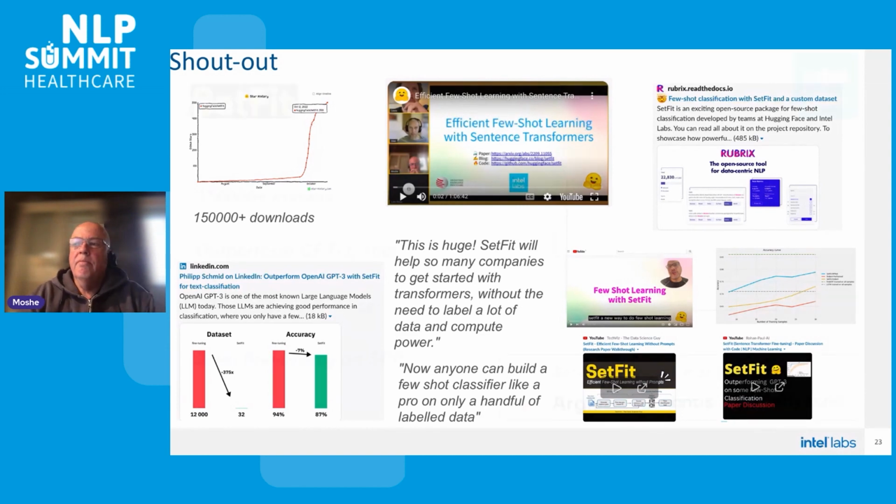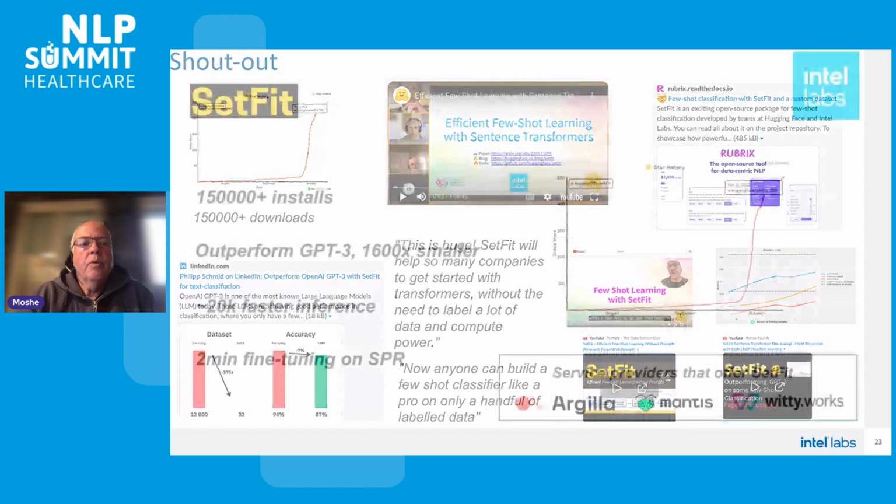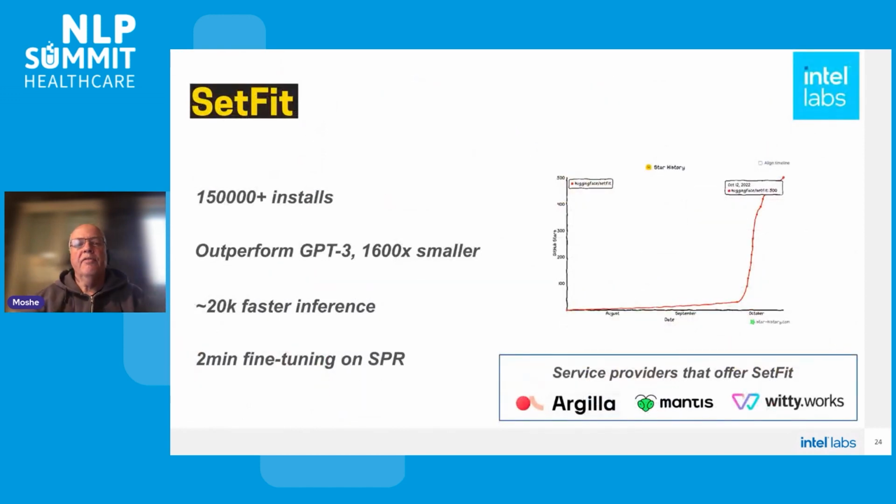But this is my last slide, just to recap. We offer SetFit, which is available in our GitHub repository. It is really fast and, of course, smaller compared to larger models like GPT-3. If you compare it with distillation, it can even get to a 20x speedup relative to the larger model.